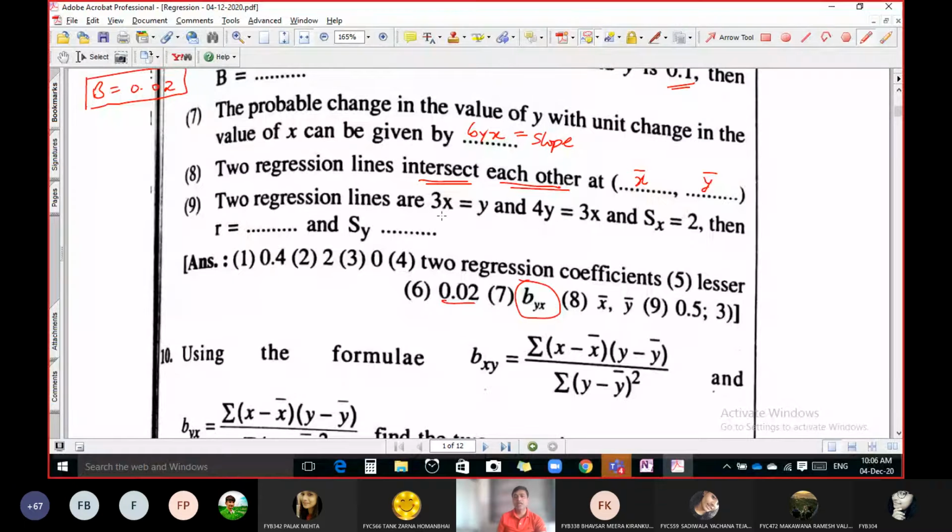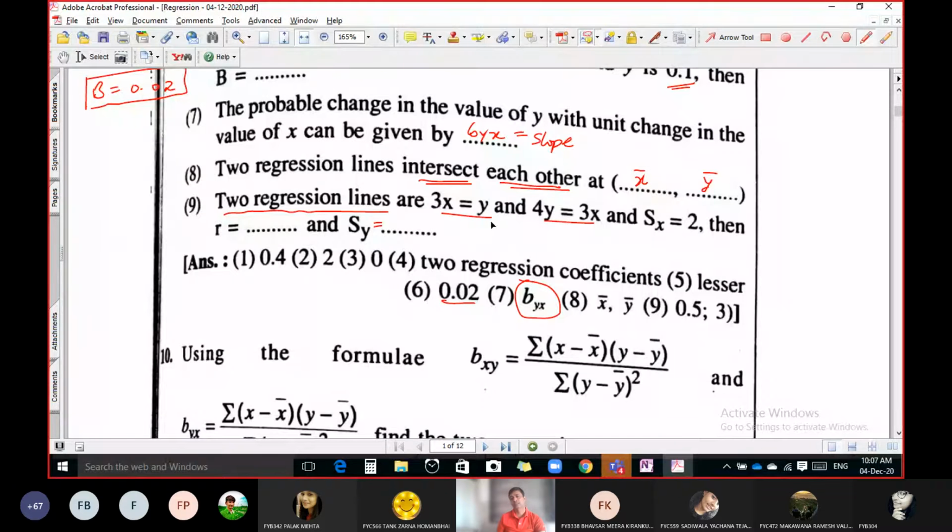Okay, now for this question. Two regression lines are 3x equal to y and 4y equal to 3x, and the standard deviation of x is 2. Then find the correlation r and the standard deviation of y. So two regression lines are given.